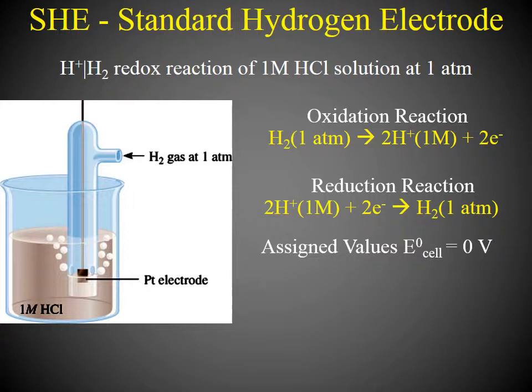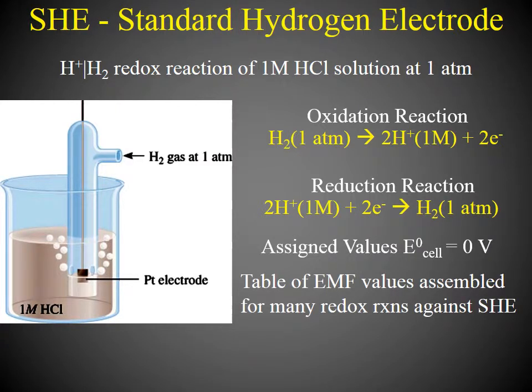We have assigned by convention the voltage value of this cell as 0, and we use this as a reference point against which we measure all the other cells, and out of this we're able to put together a table of electromotive force values, which we typically refer to as standard reduction potentials.